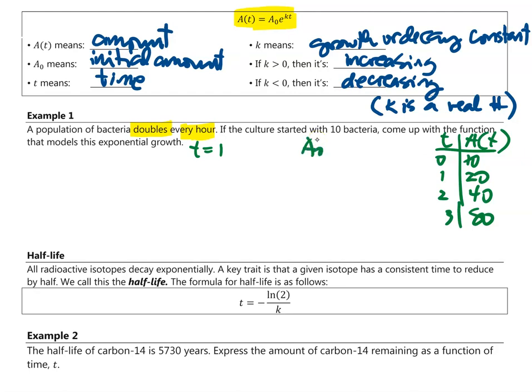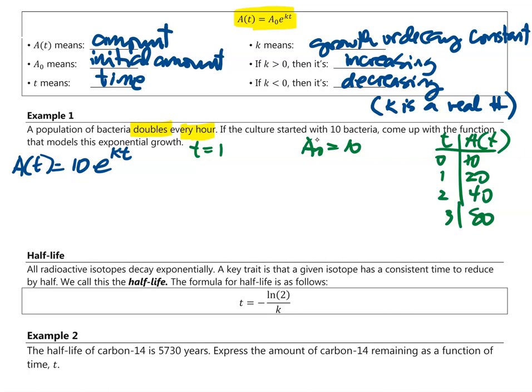So we know that it started at 10, so we could write our equation. A of t is equal to 10 e to the power of kt. That was the initial value.